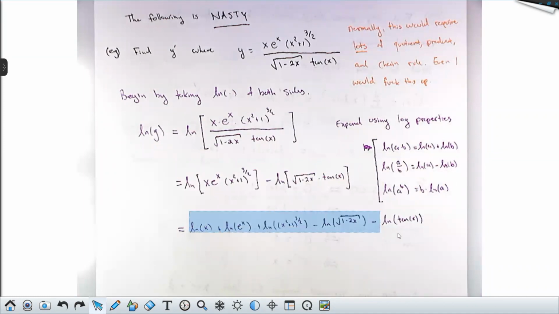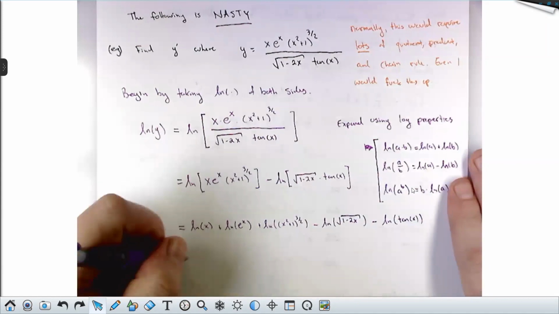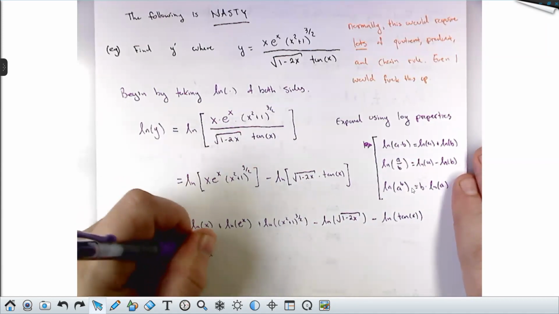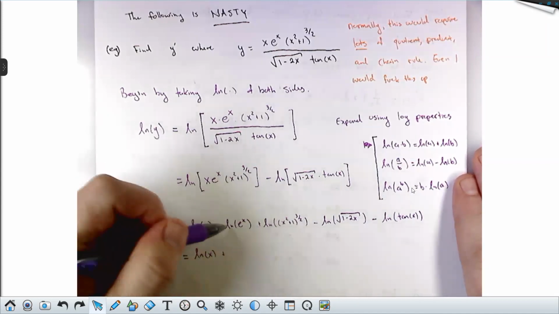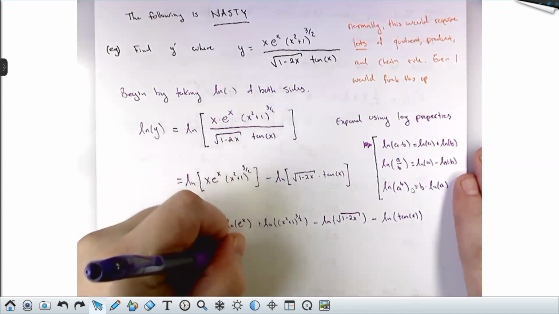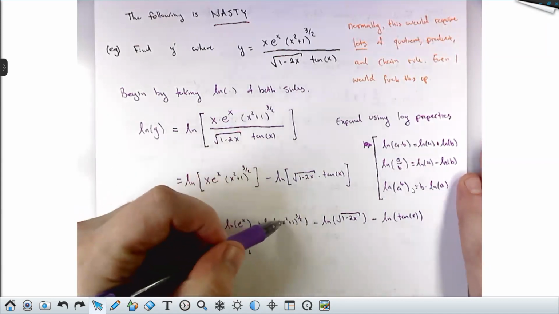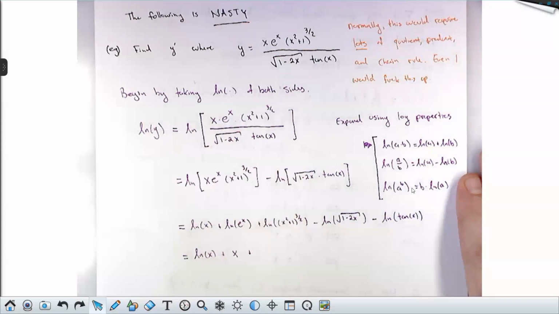So here I've done a pretty good job of expanding, but there's still more I can do. This is a power. This is a power. This is a power. So I can use my third rule to expand further. Altogether, I get the ln of x plus the ln of e to the x, which is just x, plus the ln of (x squared plus 1) raised to the 3/2 power.